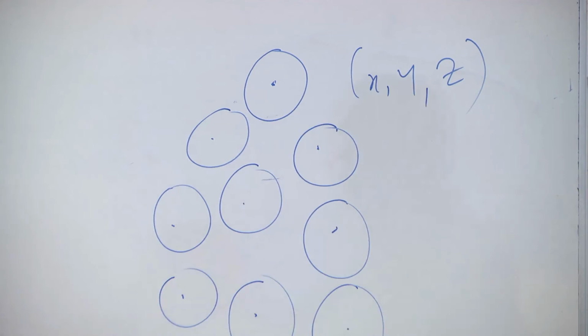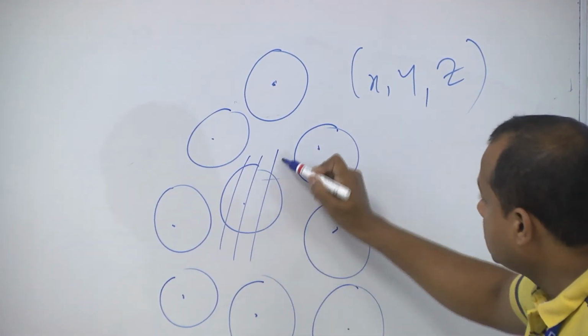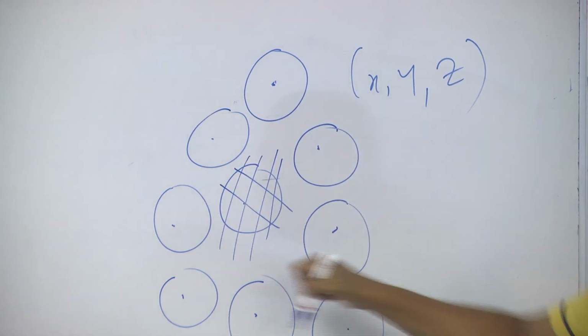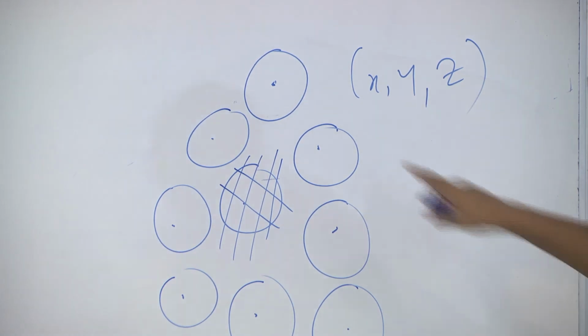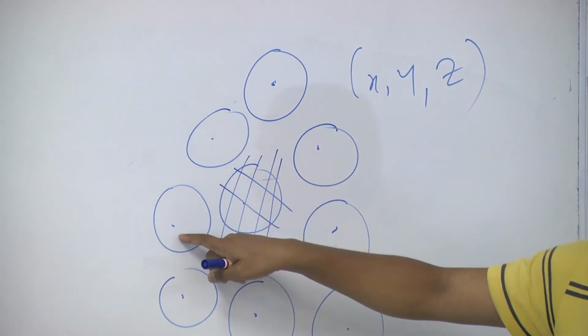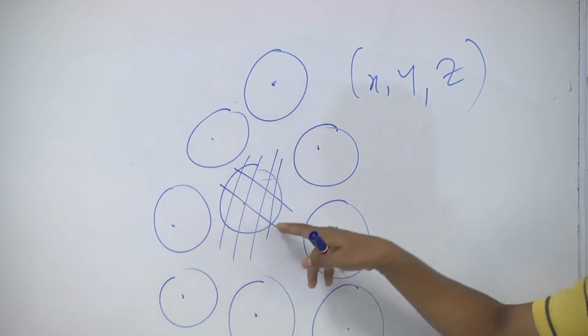From here, as per my previous assumption, ignore this one for the time being, and take the rest of the surface atoms. Then the question comes: how can I represent the surface of a molecule? Because these are just coordinates. How do I know who is inside, who is outside?